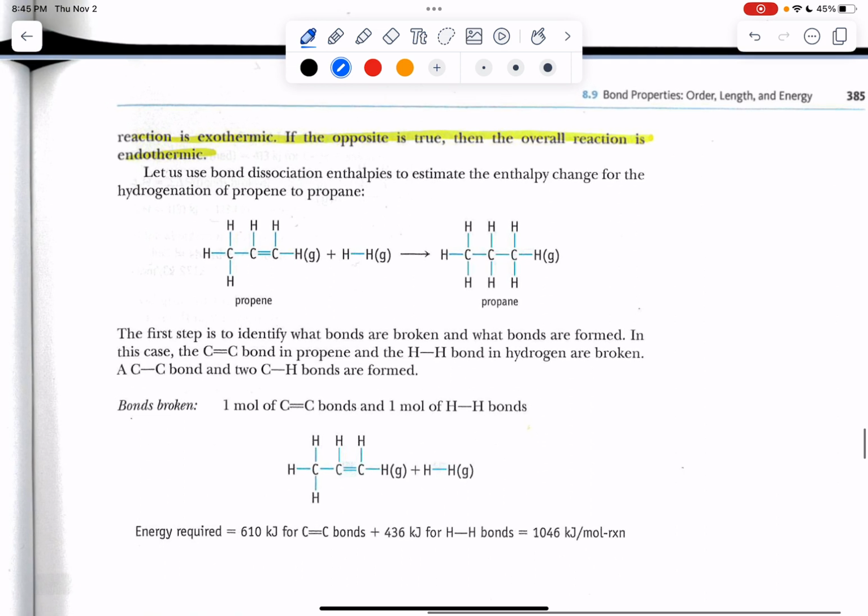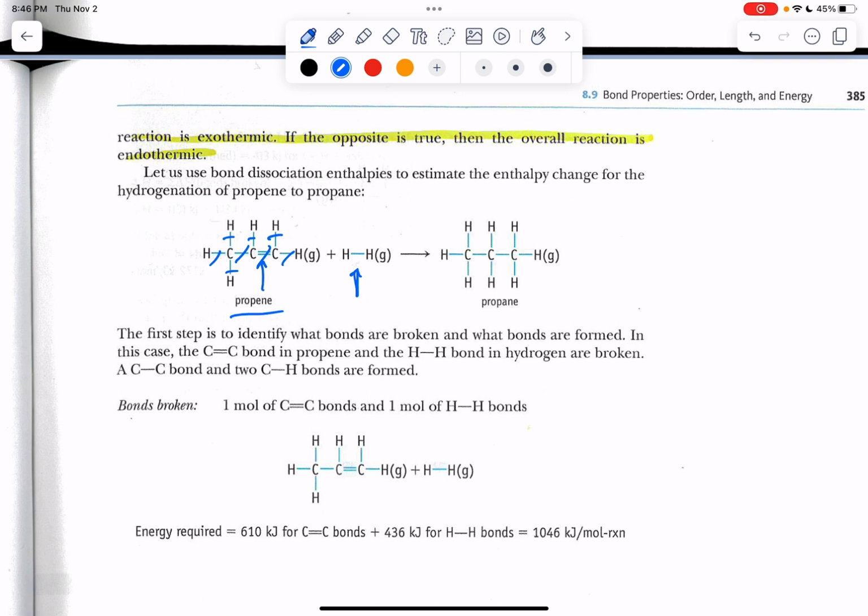So, for example, if we're going to look at this overall reaction of propene, remember, ene means there's a double bond. That's what the ene means. We're going to be doing Chapter 10 Organic Chemistry in a couple weeks. And here's my diatomic hydrogen gas. So we have to break a carbon-hydrogen bond, another carbon-hydrogen bond, a double-bonded carbon-carbon, a single-bonded carbon-carbon, and 1, 2, 3, 4 more carbon-hydrogen bonds.